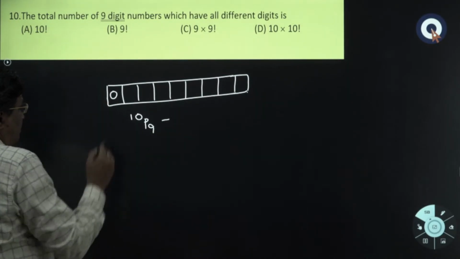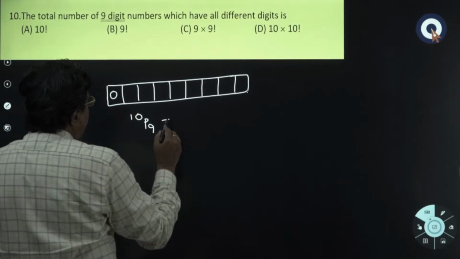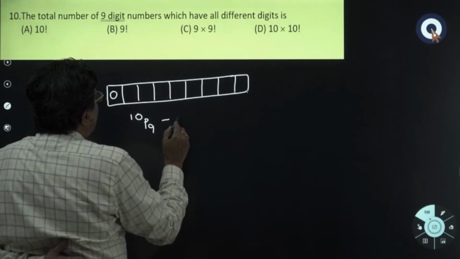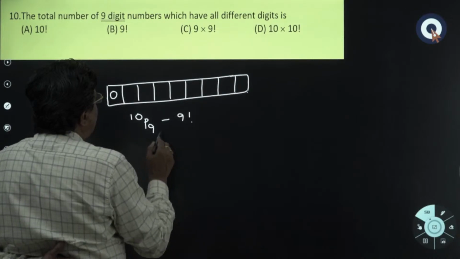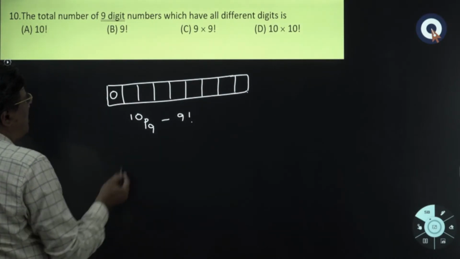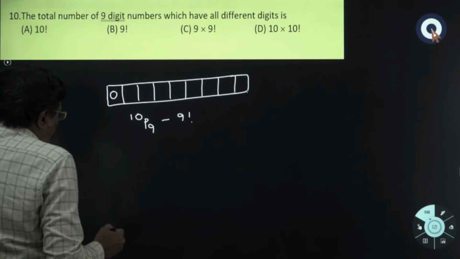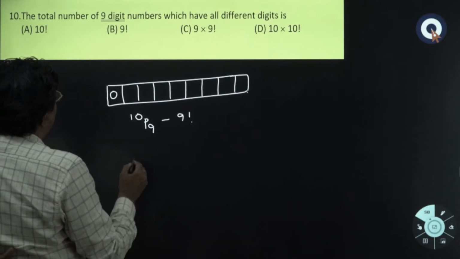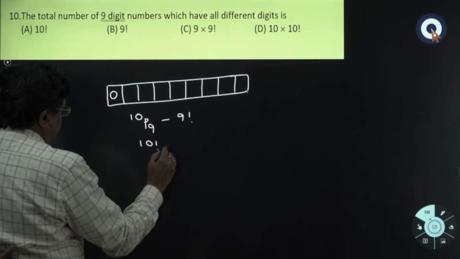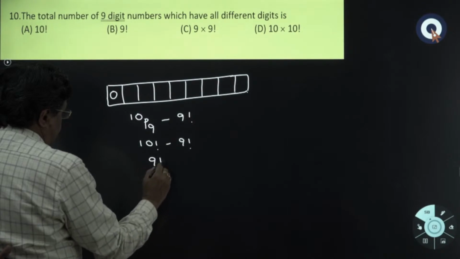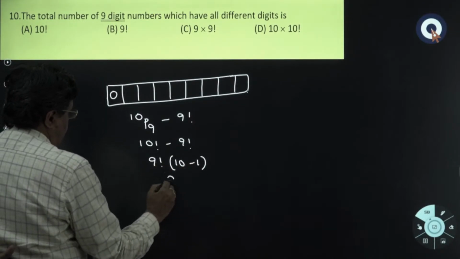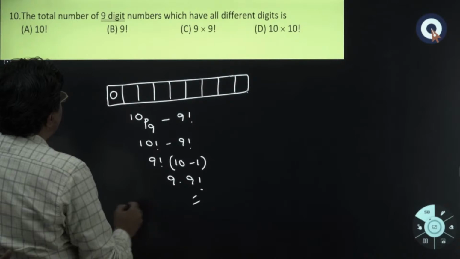Put 0 in the first place, and then there are 9 digits and 9 factorial. So your answer is 10P9 minus 9 factorial, quite a simple direct problem. So it becomes 9 into 9 factorial.